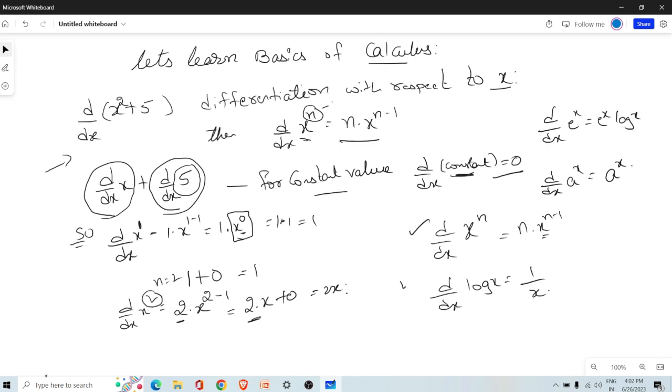So this way we use it for logarithms, real numbers, or integers. In the same way, d by dx of sin x is cos x. D by dx of cos x is minus sin x. So I hope you all understand how we do differentiation.